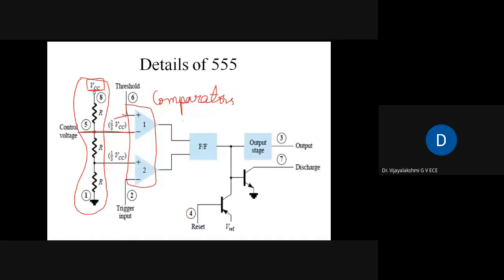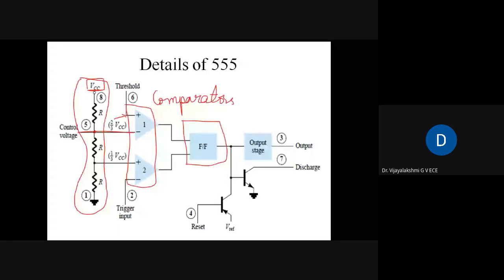The next part of this circuit is the flip-flop. I think I have to tell you about this later because it comes under module 5, so I'll tell you about the flip-flop there. As of now, I'll just tell you flip-flop is a sequential circuit. You all know digital circuits are of two types: one is the combinational circuit, the other one is the sequential circuit.